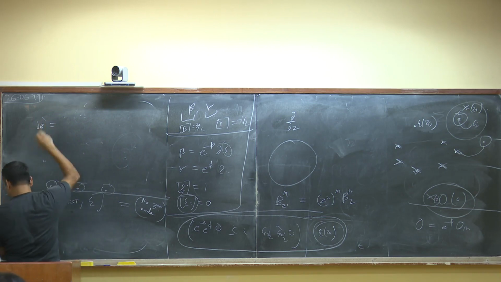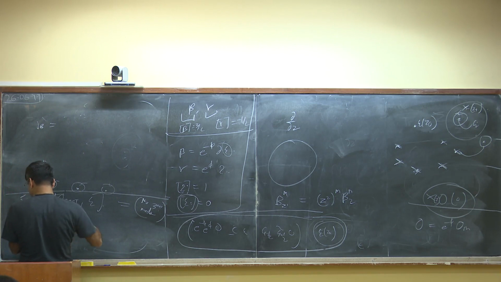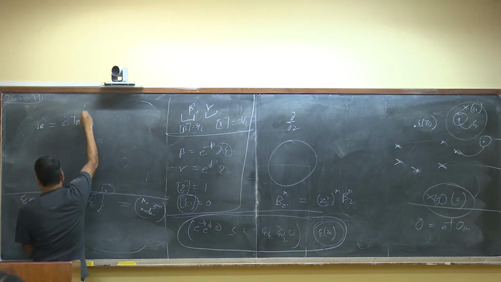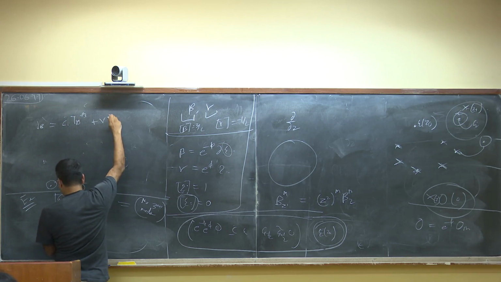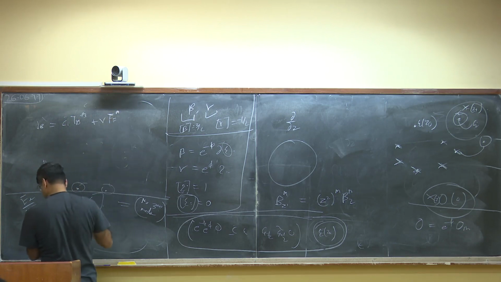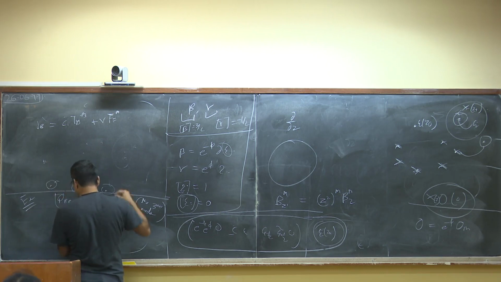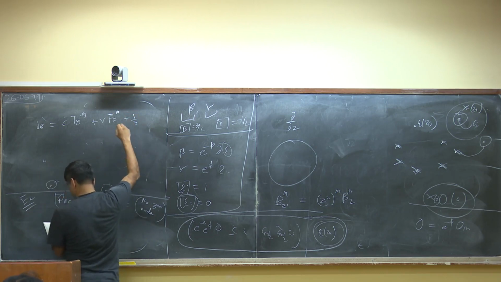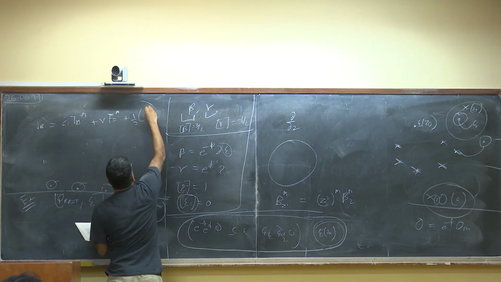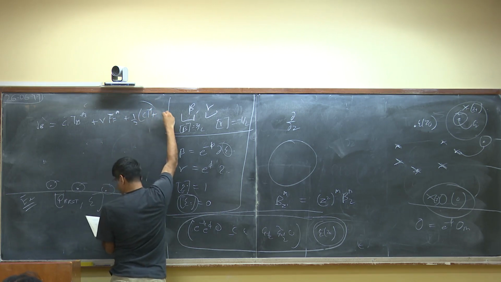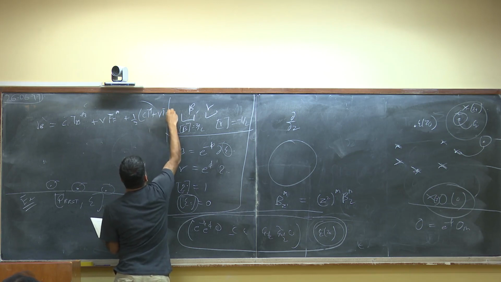J_B, I'm writing it all and then we'll take the part that we need, was c times T_B^M plus gamma times T_F^M, plus half, and the other stuff will not matter, c T_B^G plus gamma T_F^G.